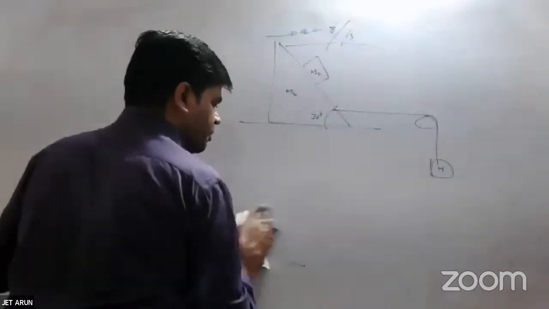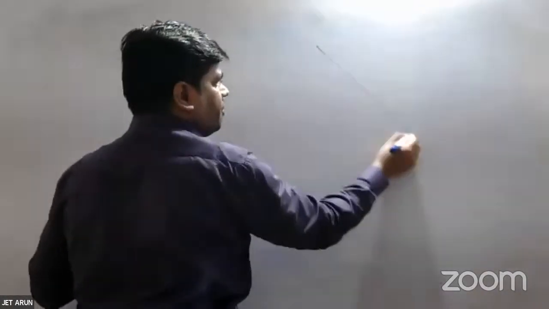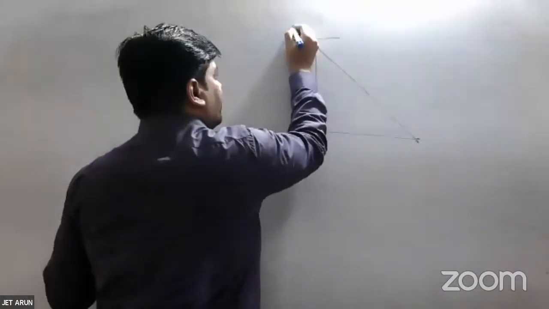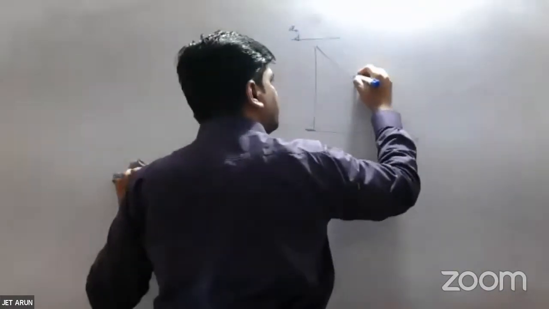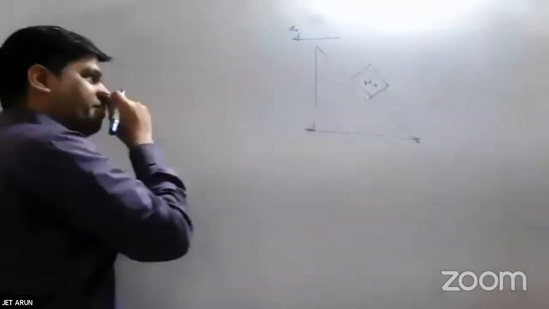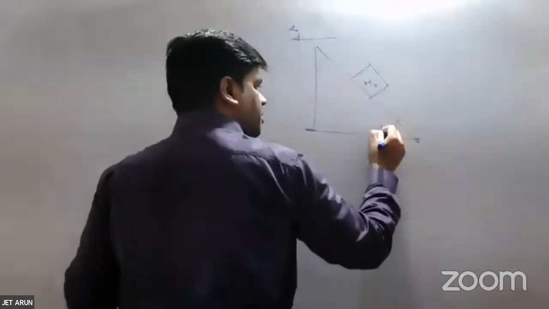Now look at this. Let's go for one more problem. Another situation first, then we'll go for a problem. Situation is like this, students. Now this wedge is accelerating towards left. Mass is m naught, wedge is going towards left. Now what happens if this is theta?